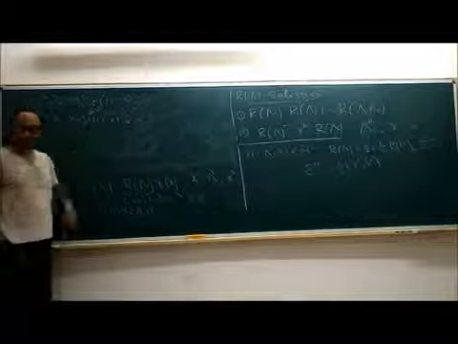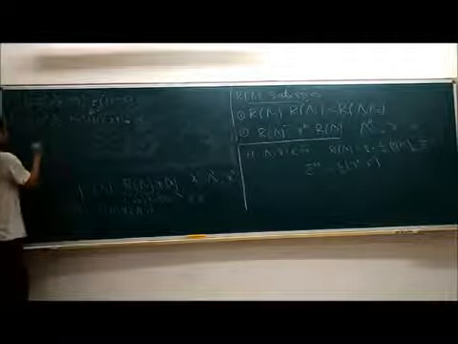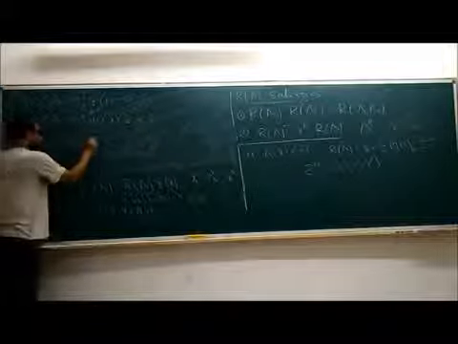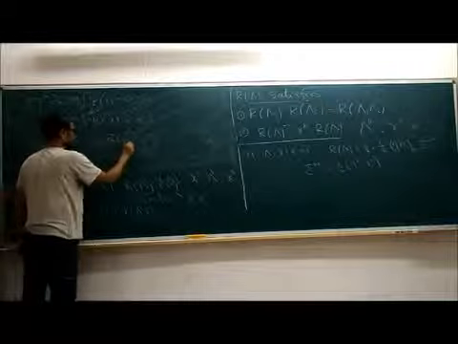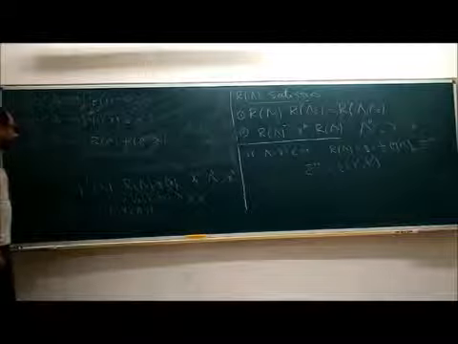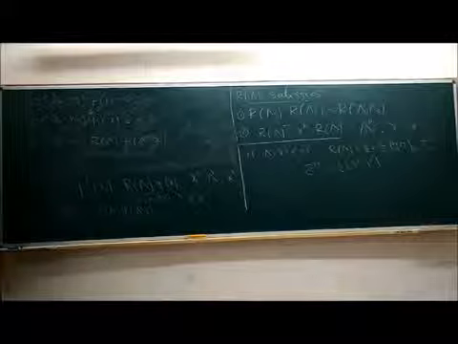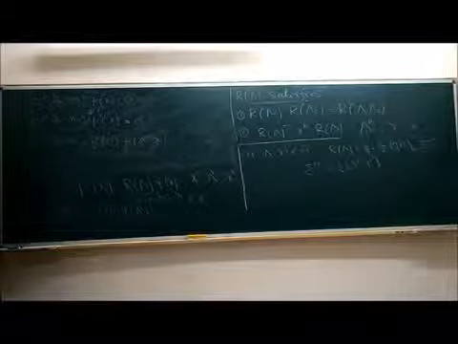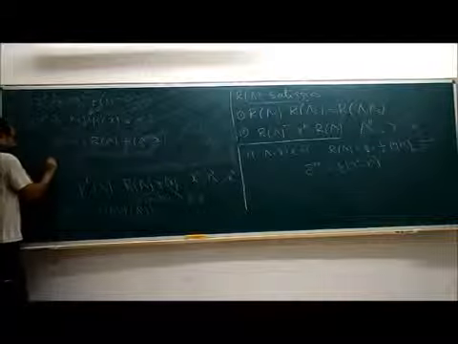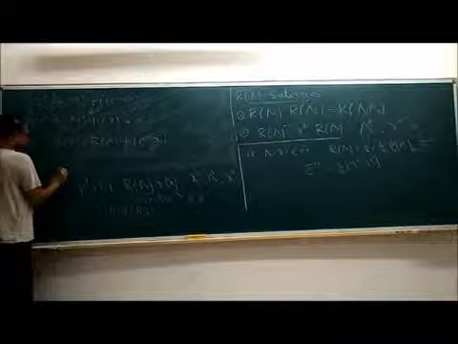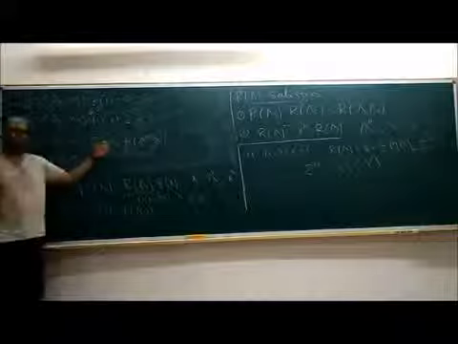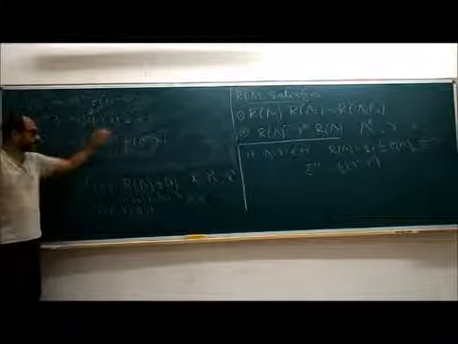So let's try to calculate this explicitly. This is i gamma^mu del_mu minus m. So I can write this as i gamma^mu, and now we are talking about just an ordinary Lorentz transformation, so lambda doesn't depend on spacetime, so del_mu can go here.